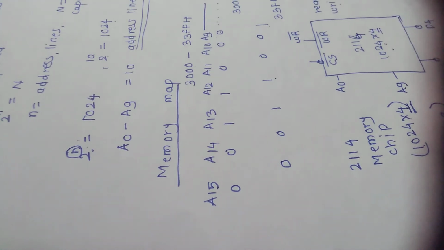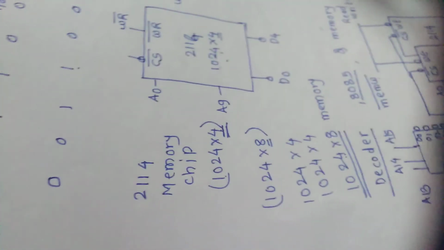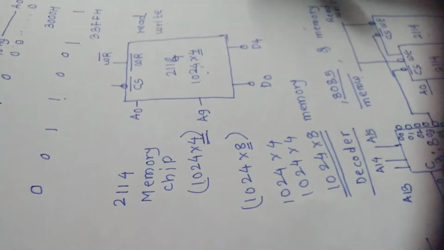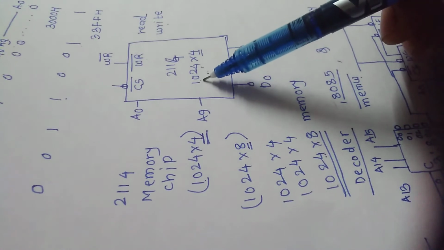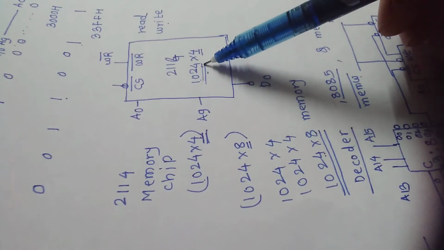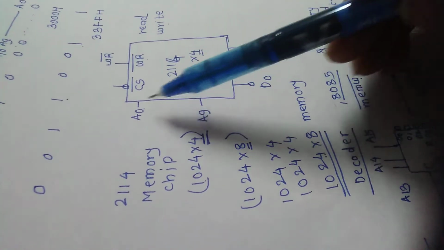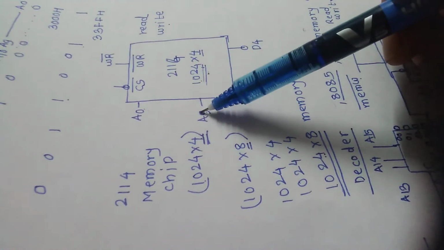In the pin diagram of this IC, to address these 1024 locations, A0 to A9, 10 address lines are there.